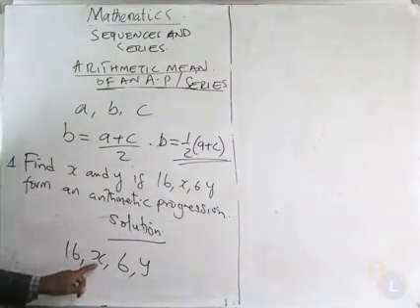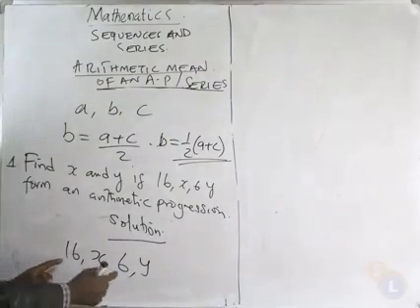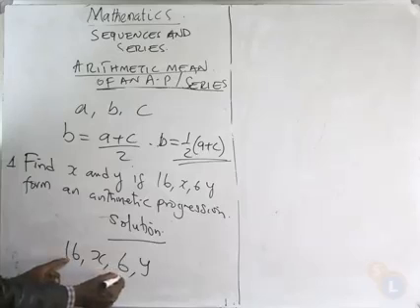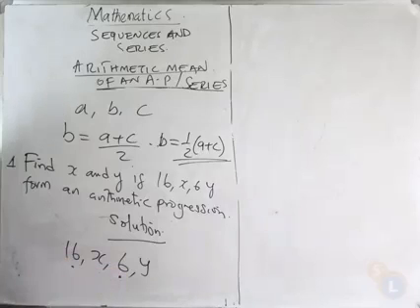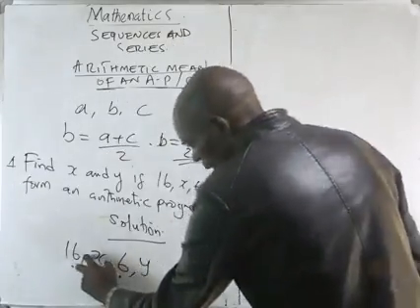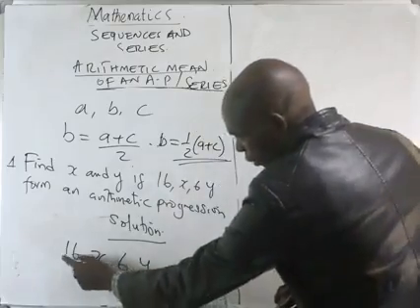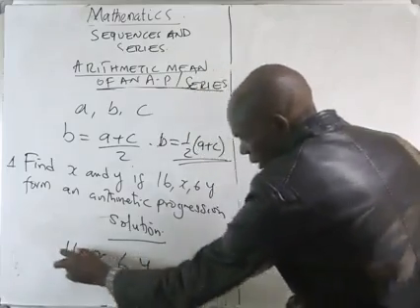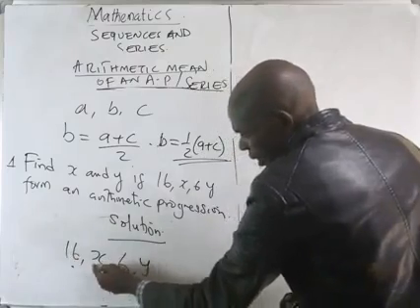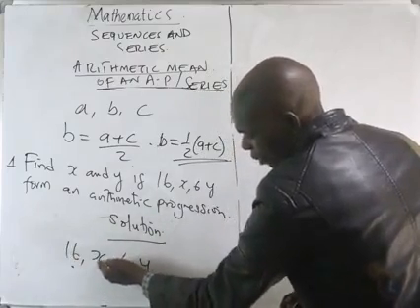So in this case, how do we find the arithmetic mean? If you pick x, you add the terms on either side, then you divide by 2. Since we have 16, x, and 6, x must be our arithmetic mean.